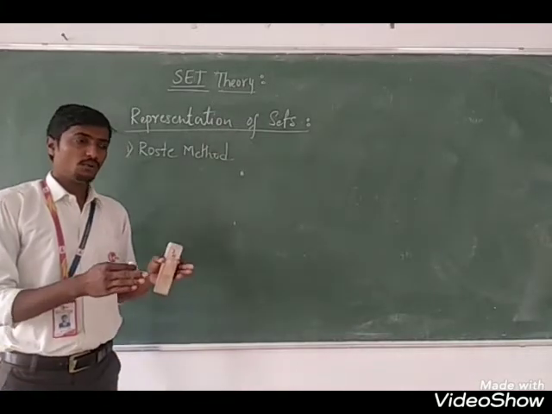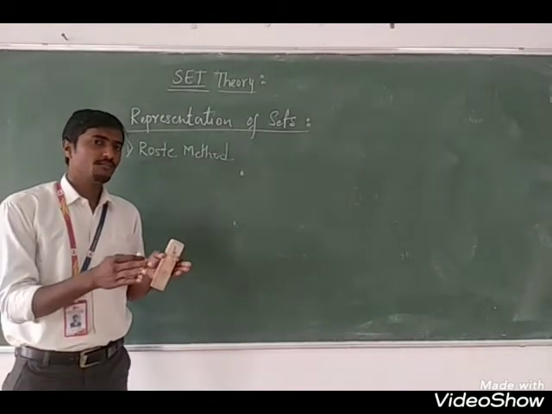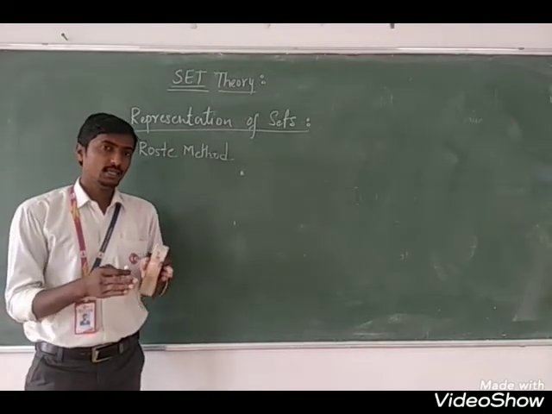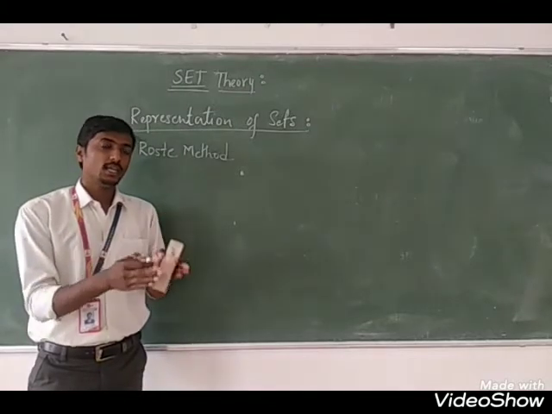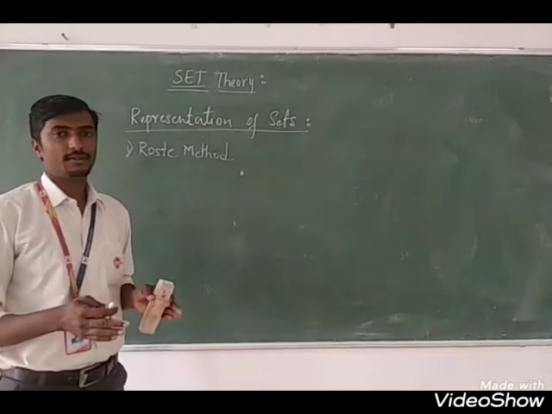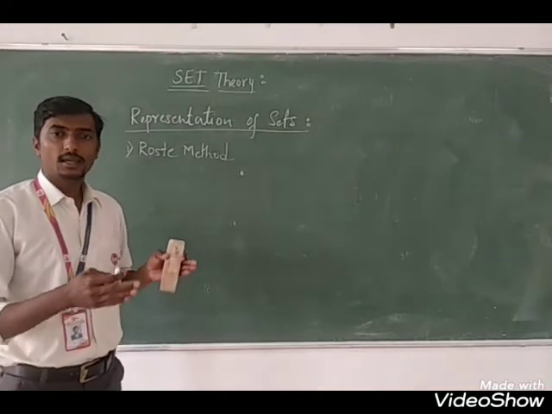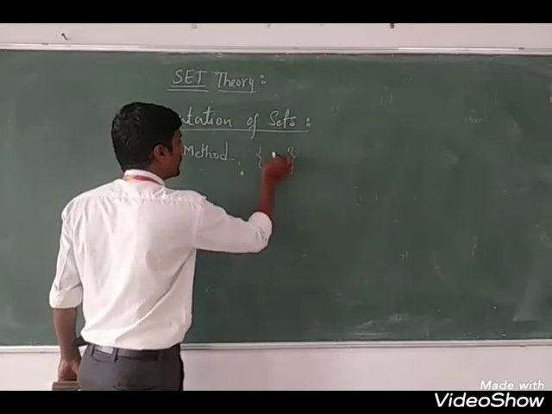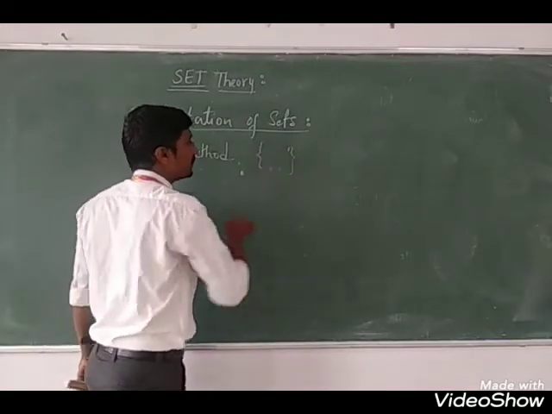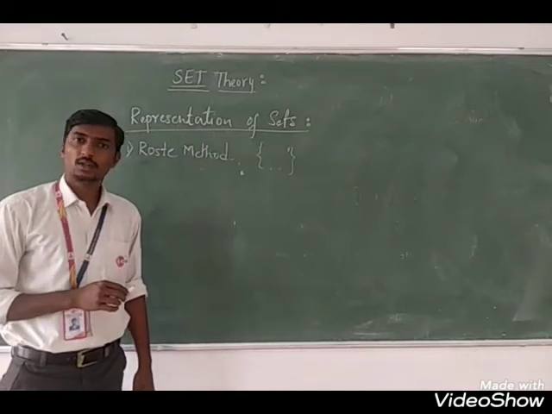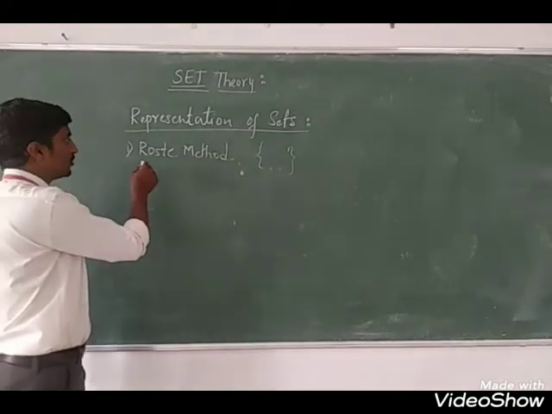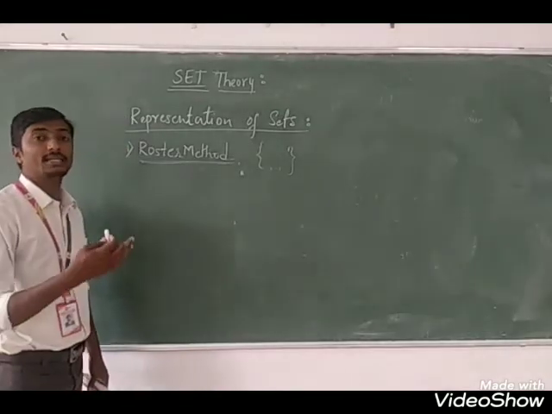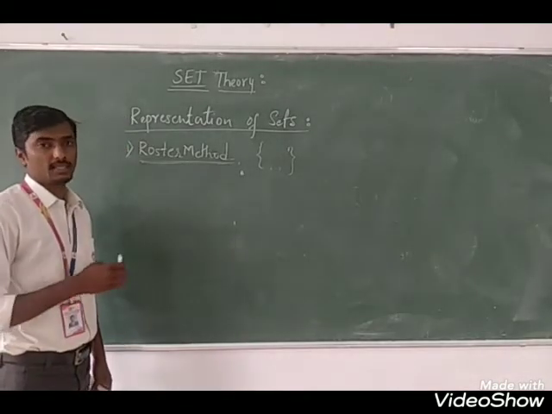We know that a set is a collection of well-defined objects. If I list the elements of the set directly, separating them by commas, that method is known as the roster method, or tabular method, or list method.